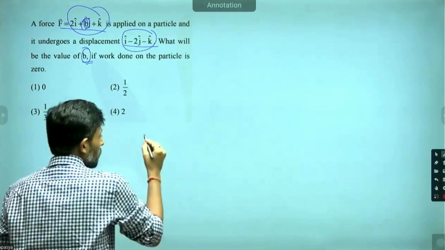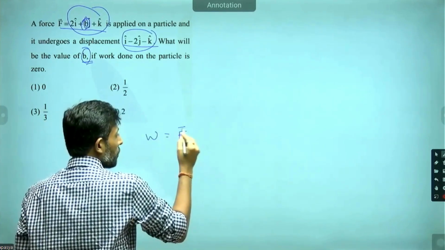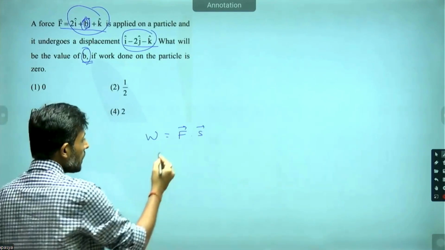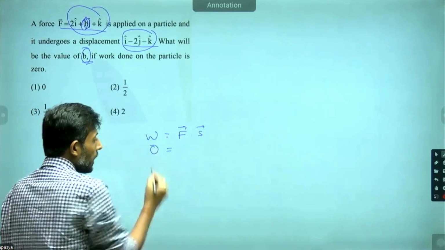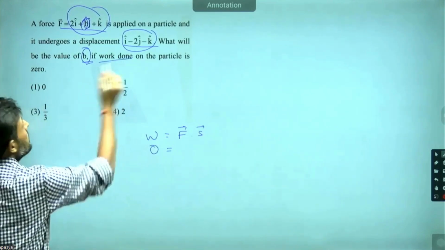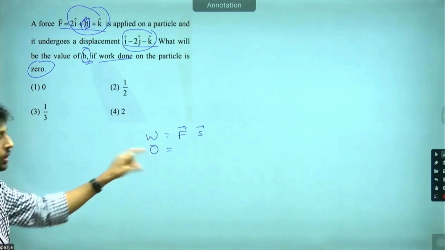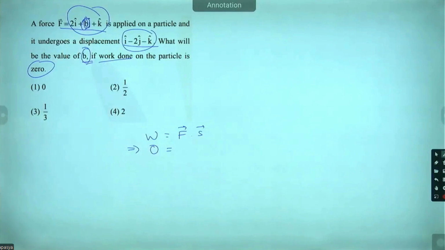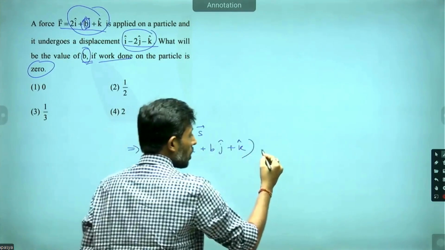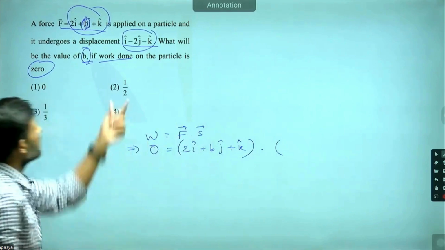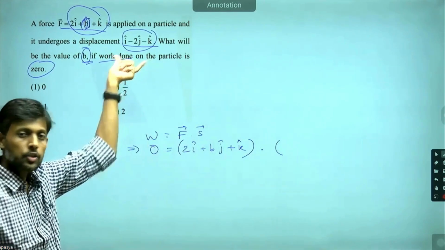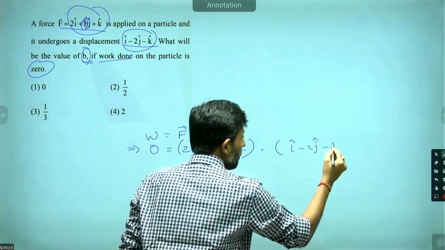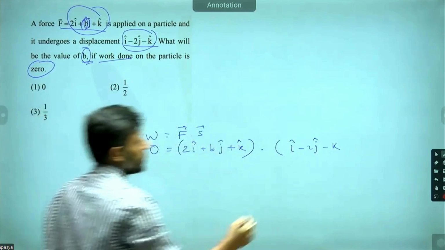We know that work done is given by F dot S, the dot product of the two vectors, and the work done is 0. So we'll put 0 here. We'll write the expression for force, which is this, and take the dot product with the displacement vector, i cap minus 2 j cap minus k cap.